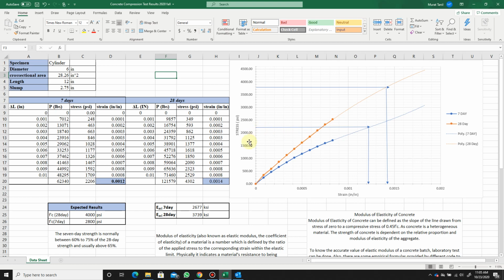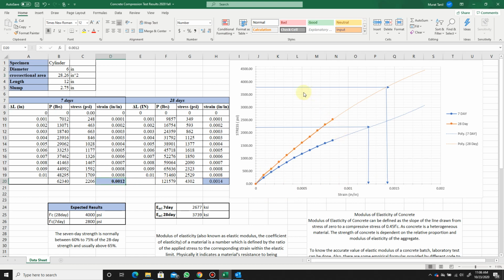So if I know the maximum compressive strength that I measured from the experiment, if I draw a straight line from the corresponding compressive stress, I can read the value on the strain, and I can get this value onto my table. For 7 days, the maximum strain value is 0.0112. So I put it in my table.